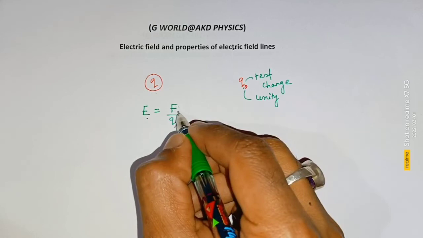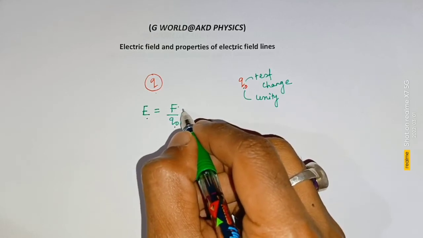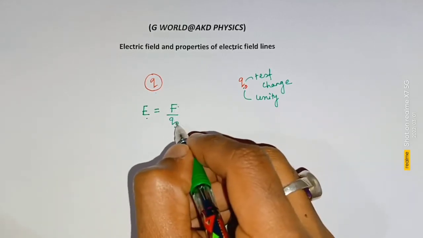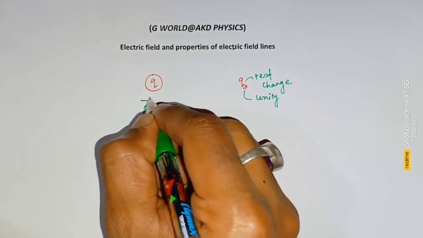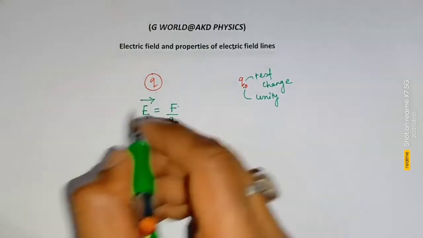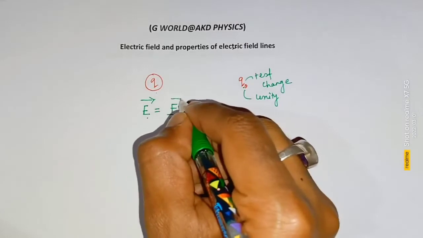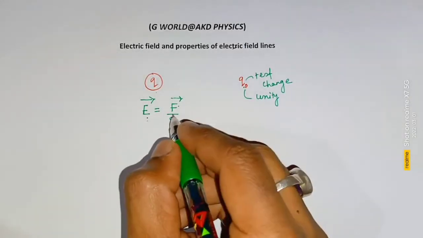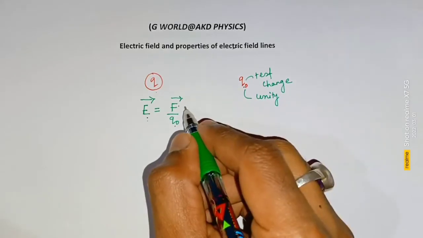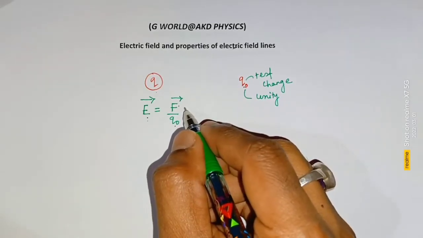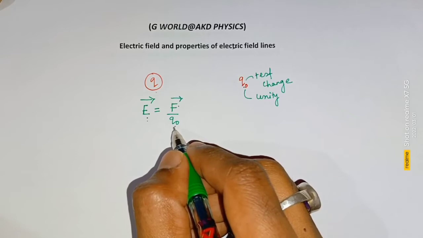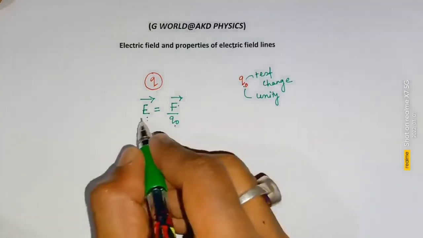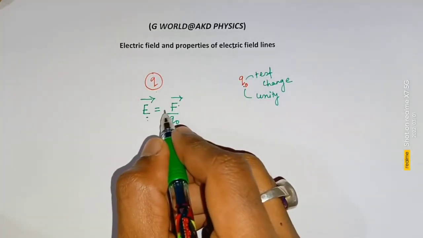Electric field intensity is a vector quantity, that's why I'll put an arrow, and force is also a vector quantity. So electric field intensity mathematically can be defined as the force experienced by the test charge upon unit positive test charge, and it is a vector quantity, that's why I put an arrow.